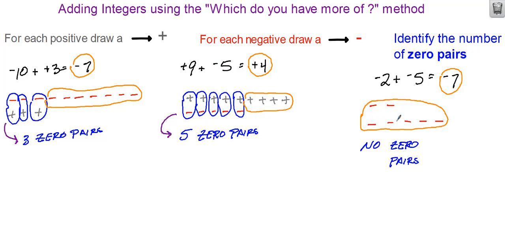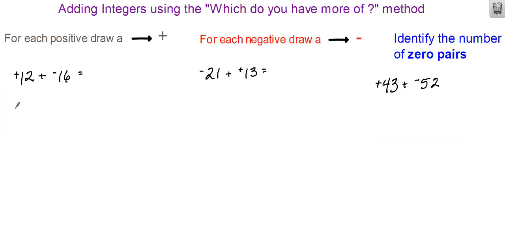And then this one created no zero pairs. So looking at this batch, we have 12 positives and 16 negatives, which means we will have 12 zero pairs. These will cancel out 12 of those, and we will have 4 negatives left over.